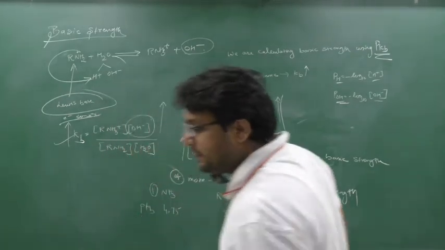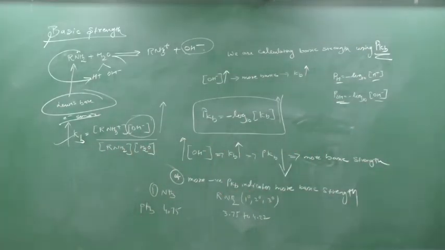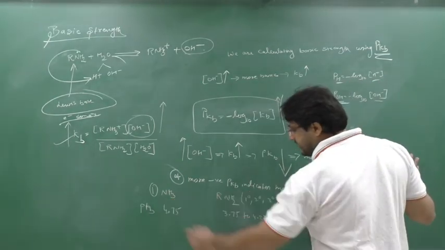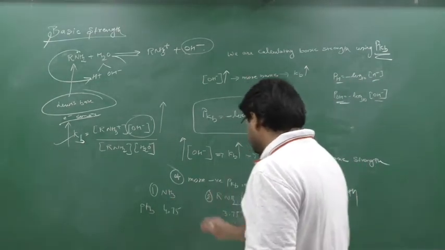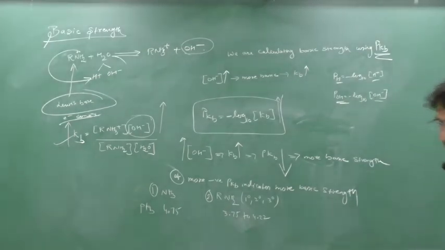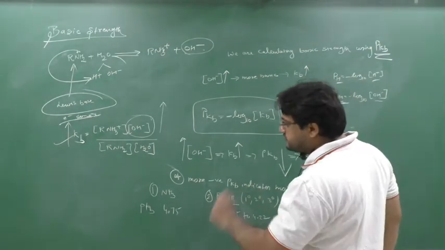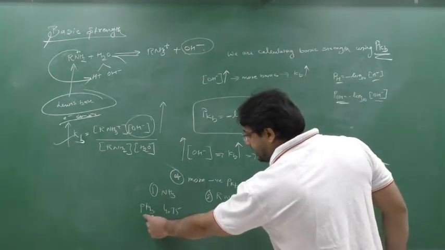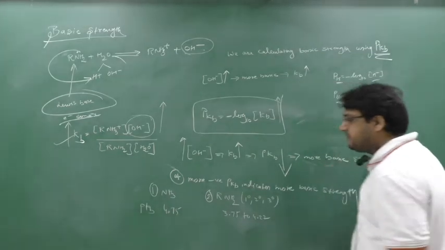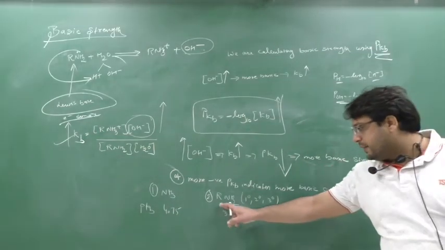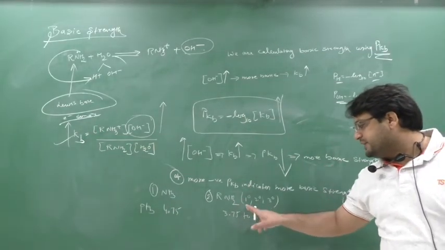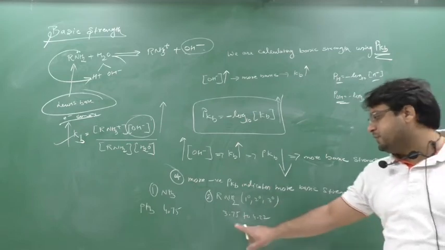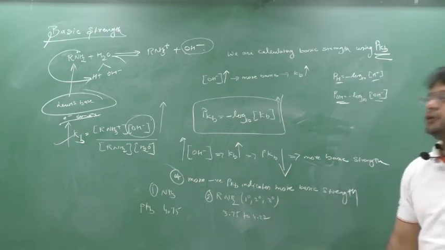Practically, experimentally, it has been calculated that pKb for ammonia is 4.75 and for amines, whether 1 degree, 2 degree, 3 degree, it is between 3.75 to 4.22.